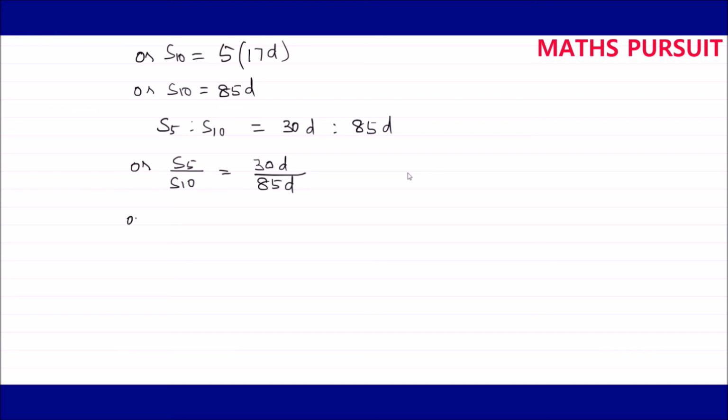This D and this D will cancel out, and we have 30 upon 85. So 30 upon 85, if you solve, we will get 6 upon 7. Therefore, finally we can write S5 is to S10 is equal to 6 is to 7, guys. This is our answer. The sum of the terms, S5 is to S10, is 6 is to 7.